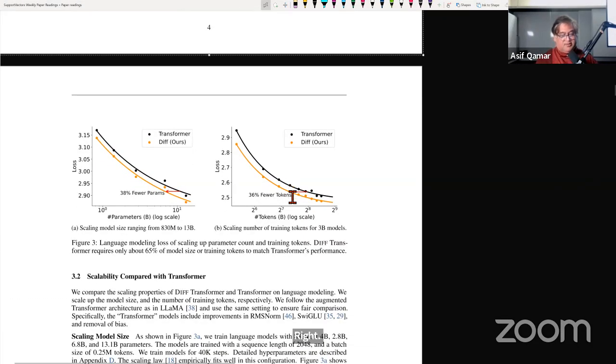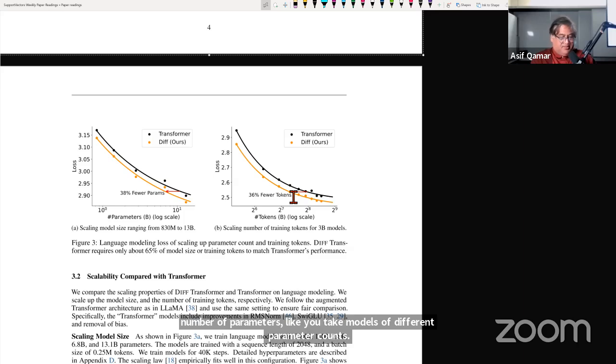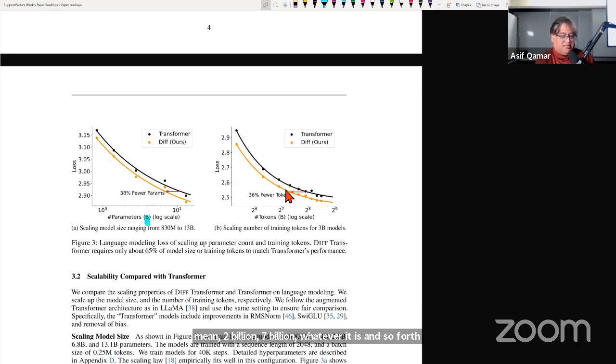Then, there's this graph, which is quite interesting. If you scale the model with the number of parameters, from 1 to 10 billion parameters, they mention the individual sizes: 1.4, 2.8, 6.8, and 13.1.